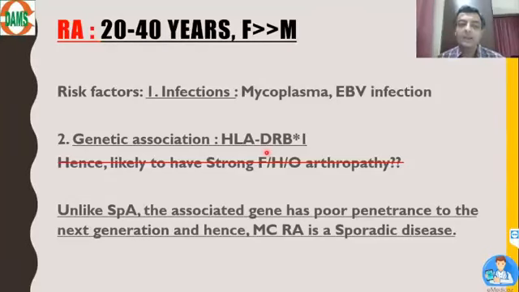But in spite of genetic association, family history does not occur, because the associated gene has poor penetrance, and hence most commonly rheumatoid arthritis is a sporadic disease.